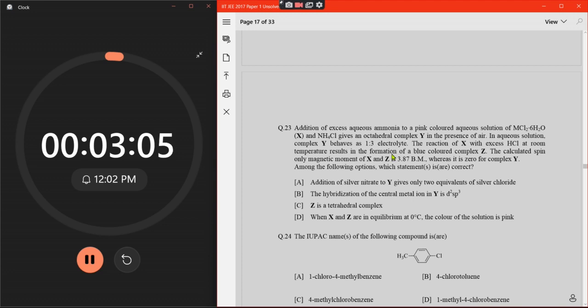Then the hybridization of central metal ion is d2sp3. This is 3, which means it's octahedral as well. No, it's sp3d2, not d2sp3, because it's 3, that should be the thing, of course.